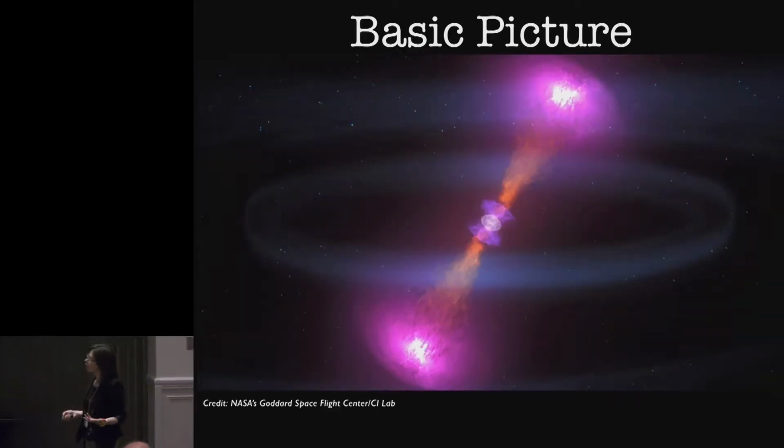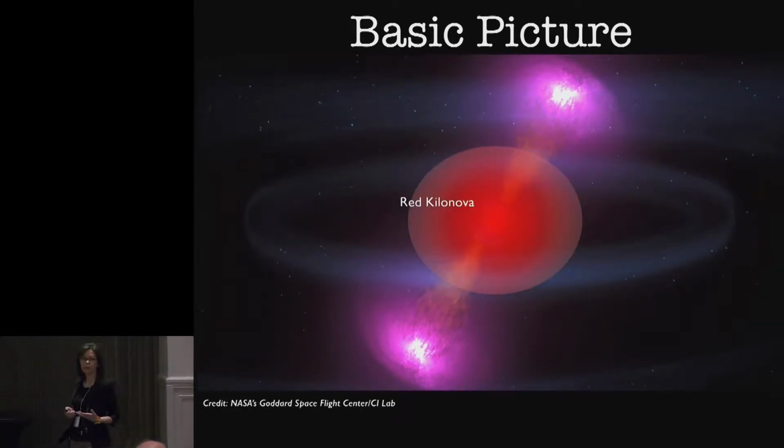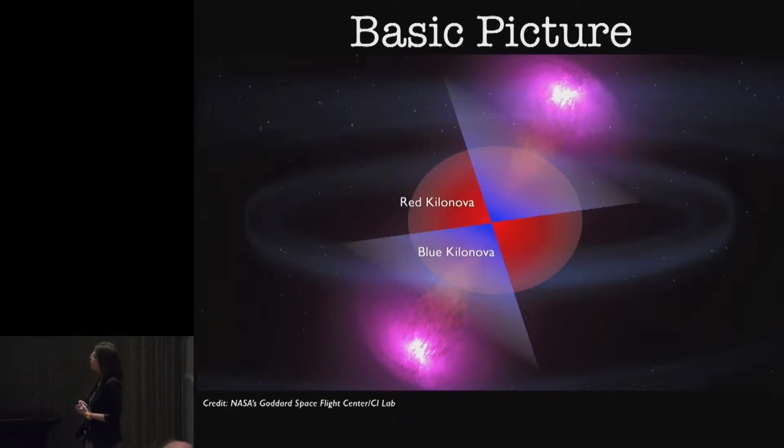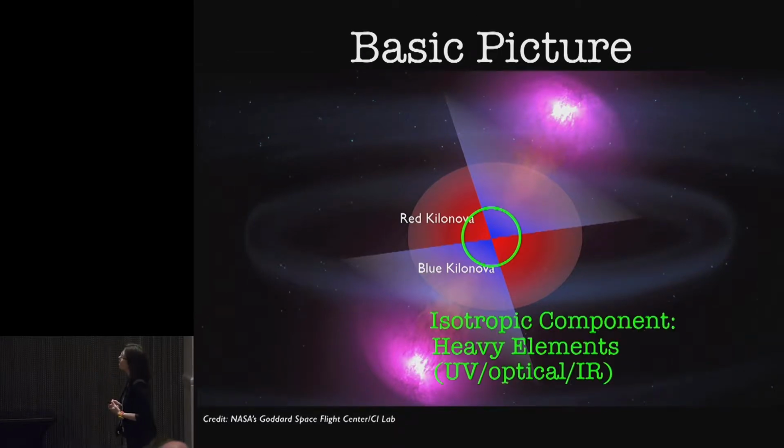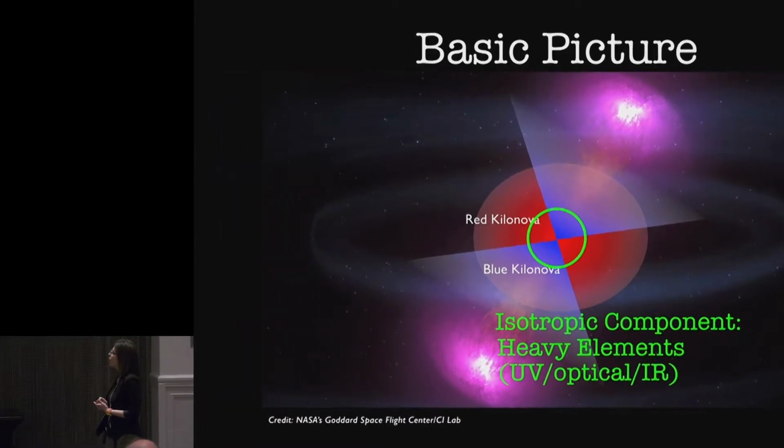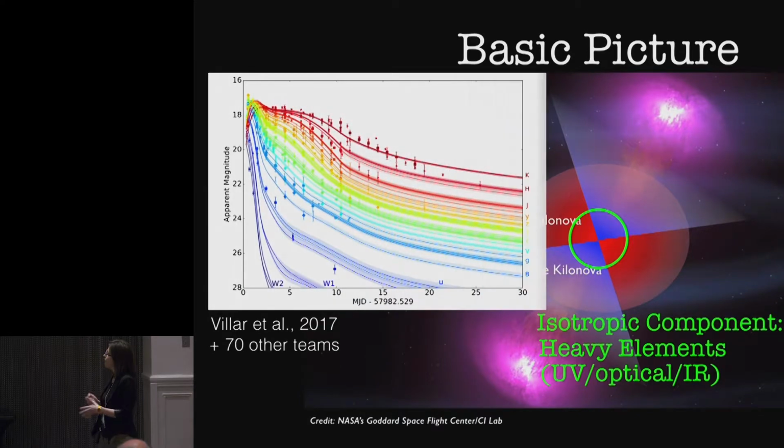All right, so here is the basic picture. Brian already told us everything about the kilonova. And we know that it is an isotropic component, and that it dominated in the UV, optical, and near infrared. And this is a compilation of all the data from 70+ teams that worked to put this together.